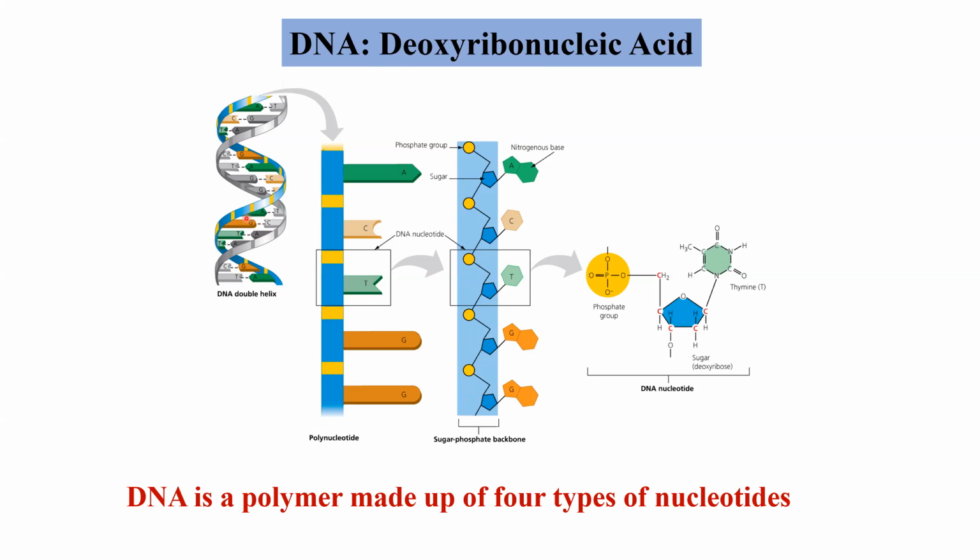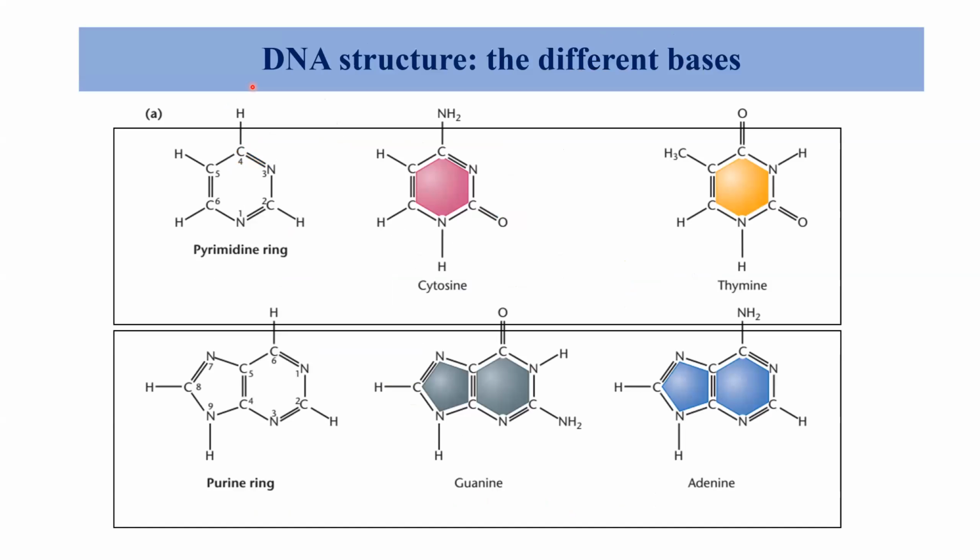And the way these two are stabilized is through hydrogen bonds. So these are referred to as anti-parallel complementary strands. And I'll talk a little bit more about that. So like I said, there are different bases. You have your cytosine and thymine. You basically see one ring structure, and these are called pyrimidines.